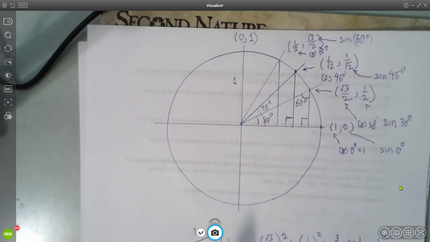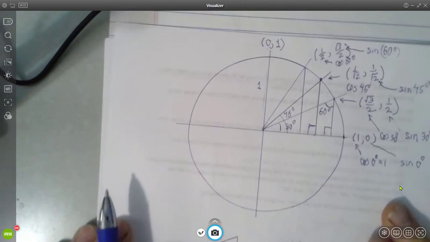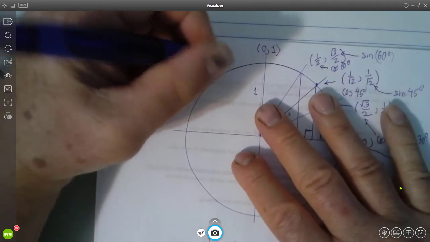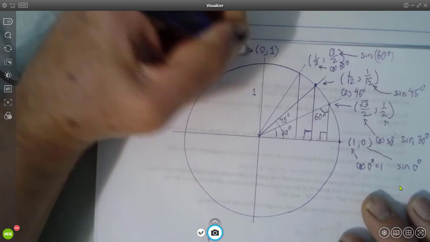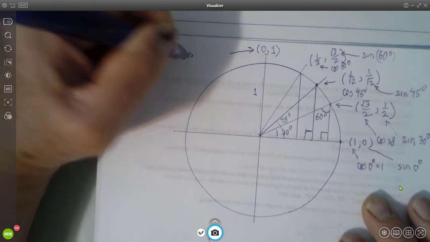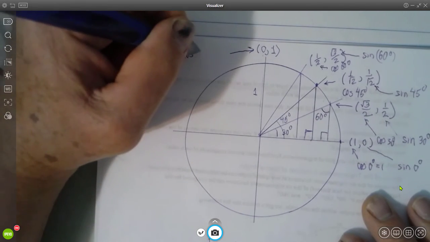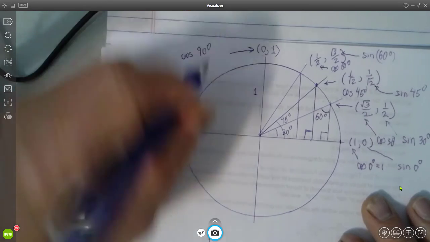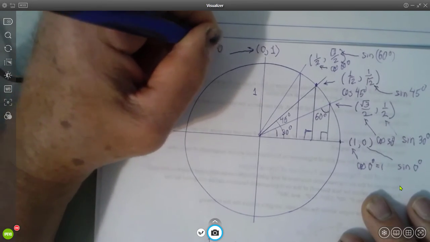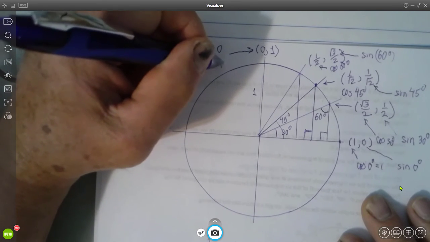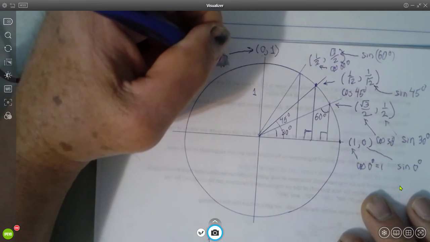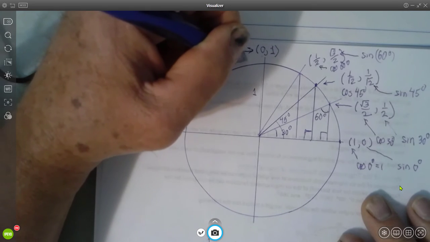And in the same way, if we look up here at the top of our figure, the cosine of 90 degrees must be equal to 0, and the sine of 90 degrees must be equal to 1.